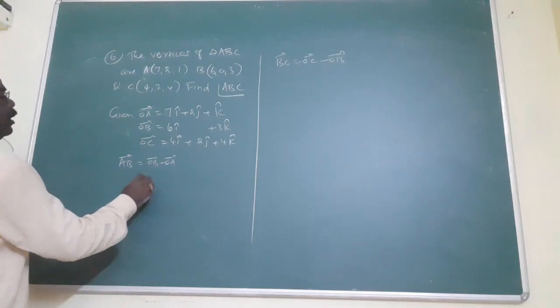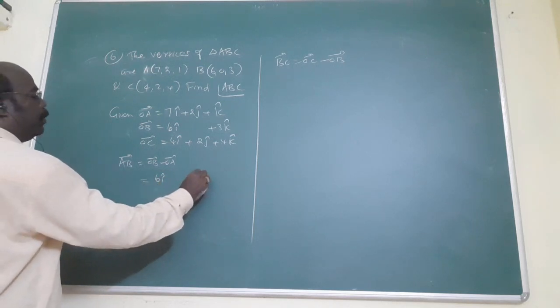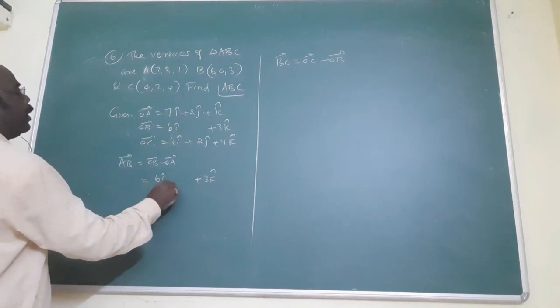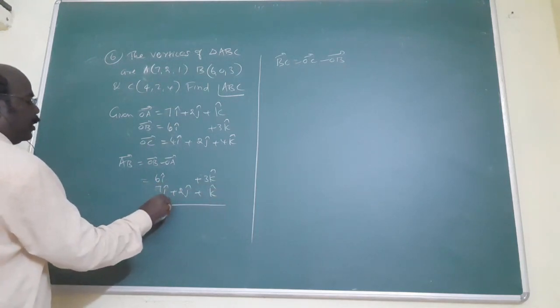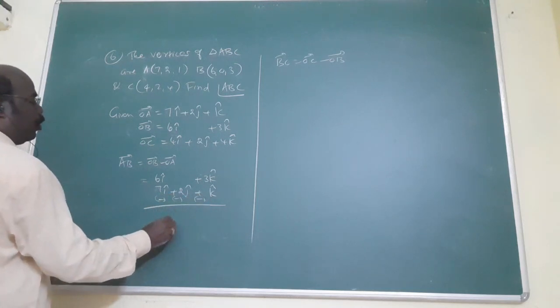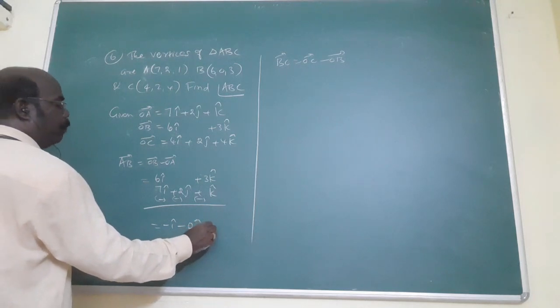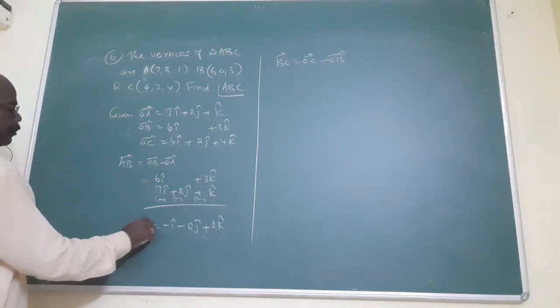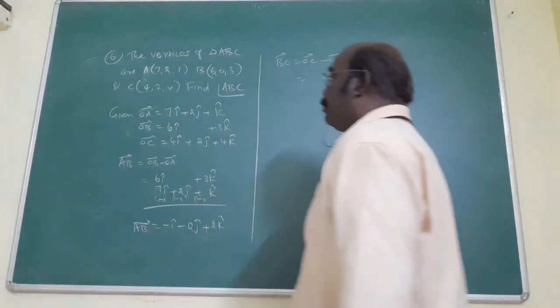That's why I am finding the AB vector. OB minus OA. OB is what? 6 i cap, no j cap, plus 3 k cap. OA is what? 7 i cap, 2 j cap plus k cap. Change the sign, change the sign, change the sign. You get minus i cap, minus 2 j cap, plus 2 k cap. Am I right? This is AB. Similarly, BC is what? OC minus OB.